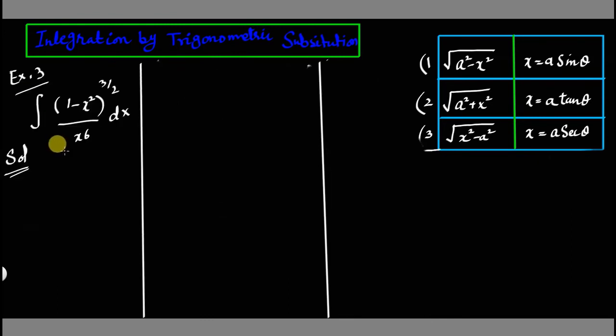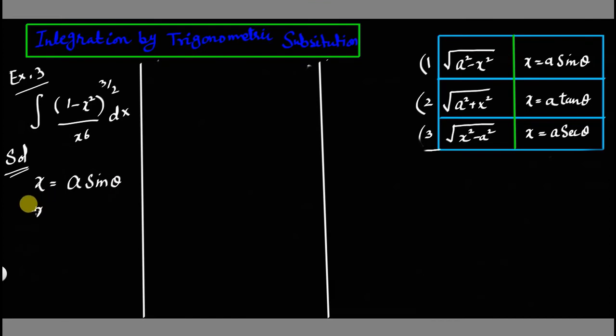Now in example number 3, you can see the question seems to be like the substitution number 1, but here this is 3 by 2, but here the substitution is 1 by 2, so no problem at all. We can substitute x is equal to a sin theta.